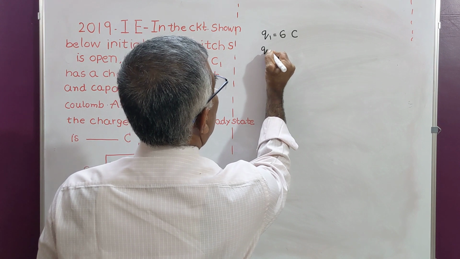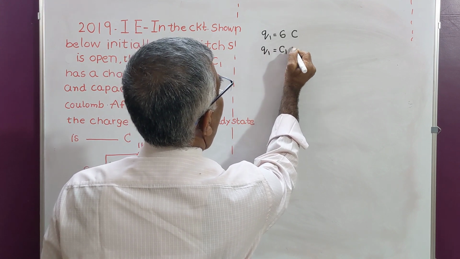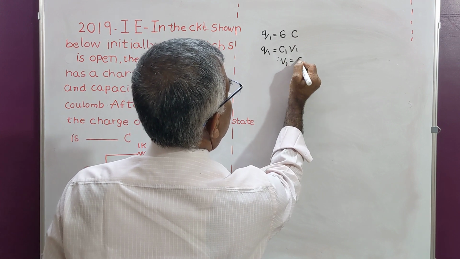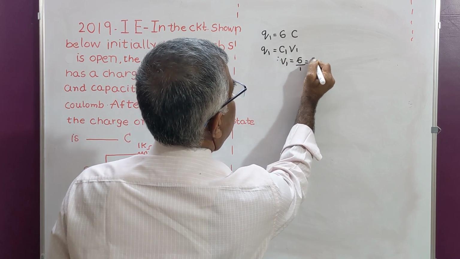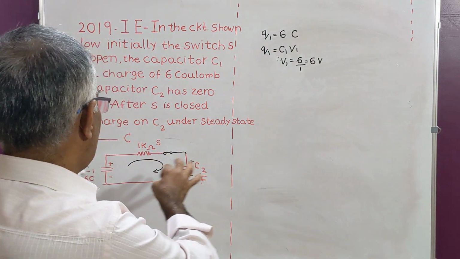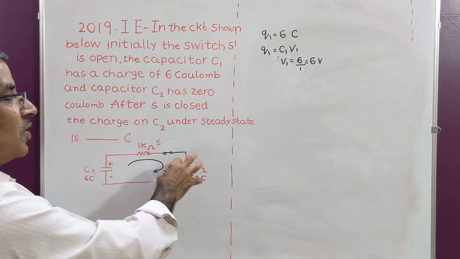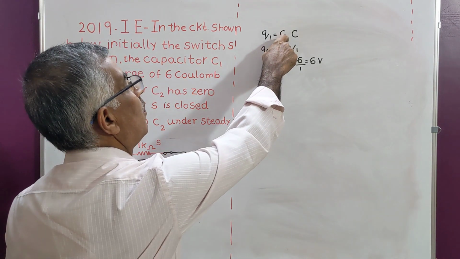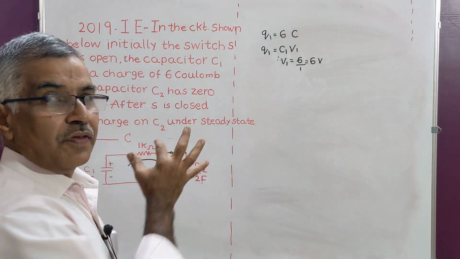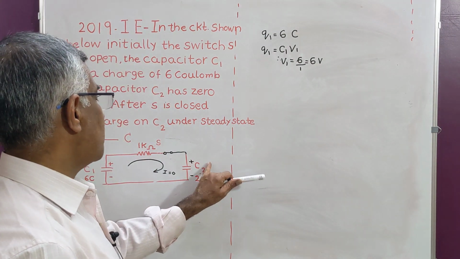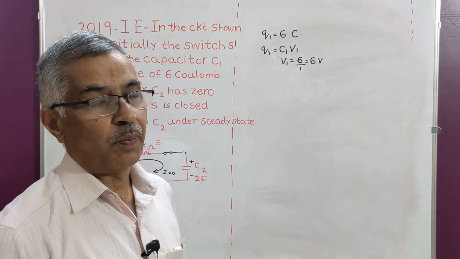We know that Q1 is equal to C1 V1. Therefore, V1 is equal to 6 by 1. So 6 volts is to be distributed among C1 and C2. In the same fashion, 6 coulomb is to be distributed among these two capacitors. So we have to find out ultimately what is the charge on capacitor C2.